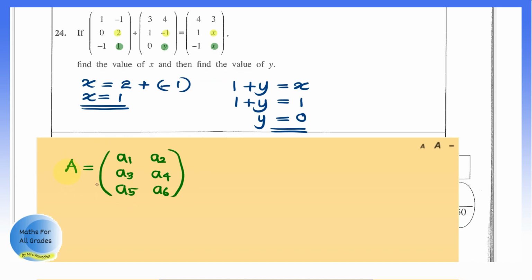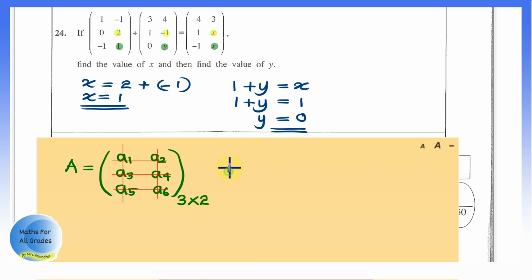Now this is matrix A, and the elements are A1, A2, A3, A4, A5 and A6. Now tell me how many rows you can see here. In this matrix, there are 3 rows, 1, 2, 3, and there are 2 columns, 1, 2. So this is a 3 by 2 matrix.